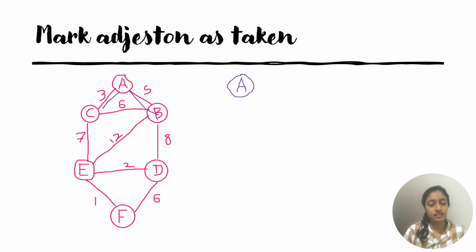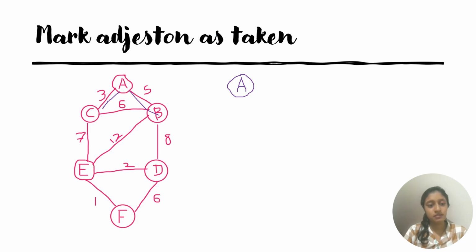In the second step, I told you we have to get the minimum weight edge. Between A to C and A to B, we can see the minimum edge. A to C weight is 3, and A to B weight is 5.